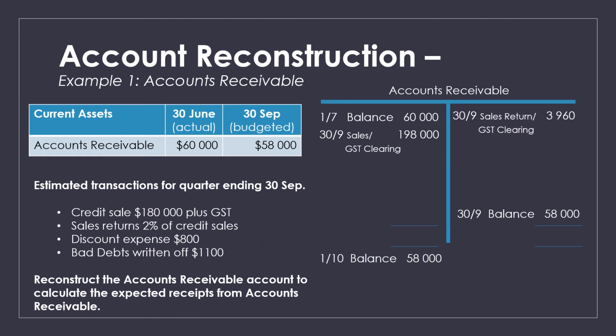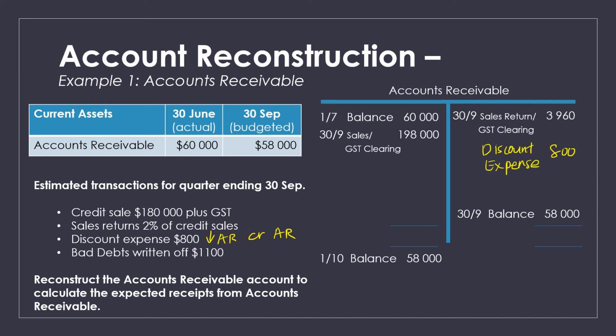For the quarter ending 30th of September, we're also estimating a discount expense of $800. As a discount expense will lead to a decrease in accounts receivable, therefore this amount will be recorded as a credit to the accounts receivable account. So on the credit side of the ledger account here, we record $800 with the cross-reference discount expense.